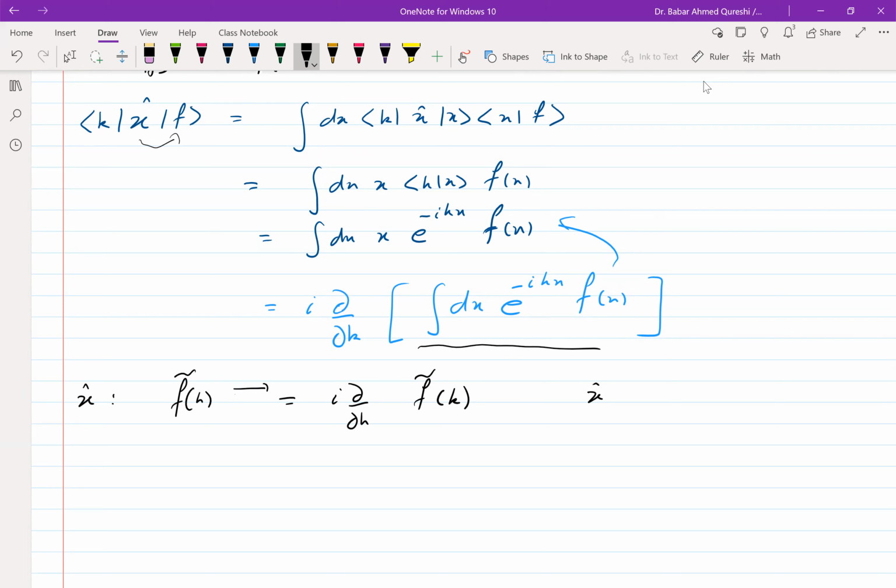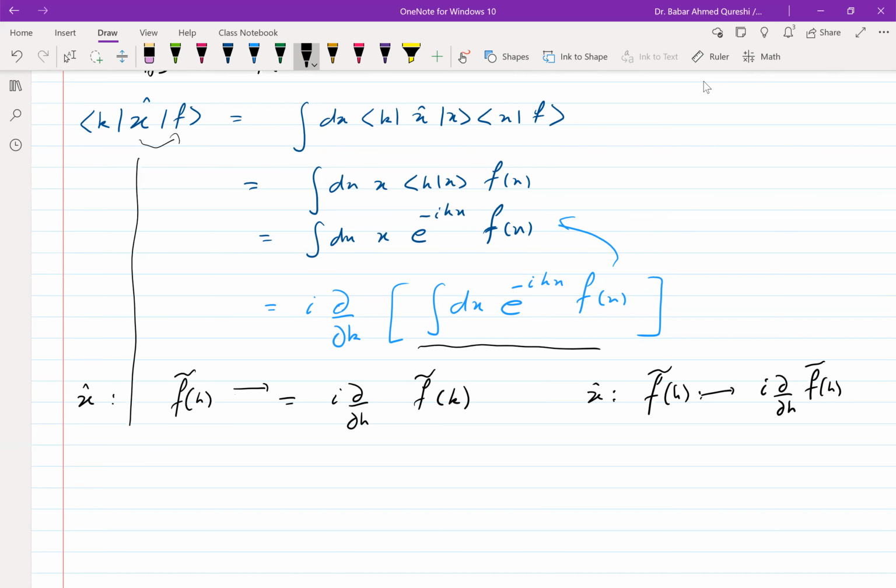So the effect of x hat in the k basis is this. It just acts like the k hat operator in the x basis. It's a derivative, except for a slight sign change. Over there it was minus, over here it's a plus.